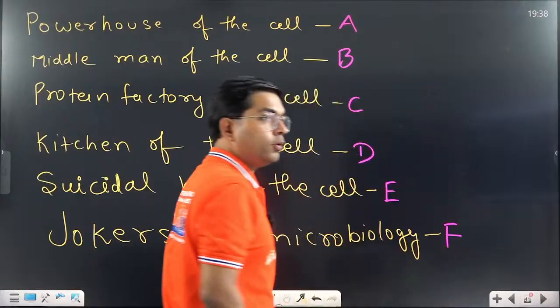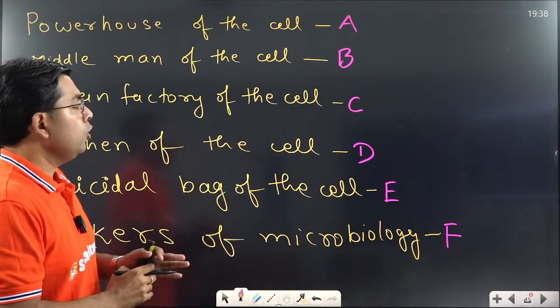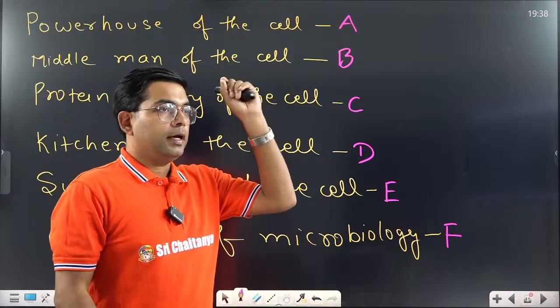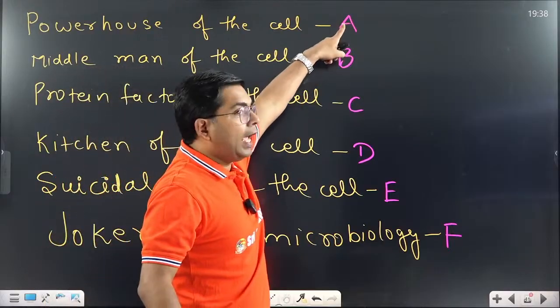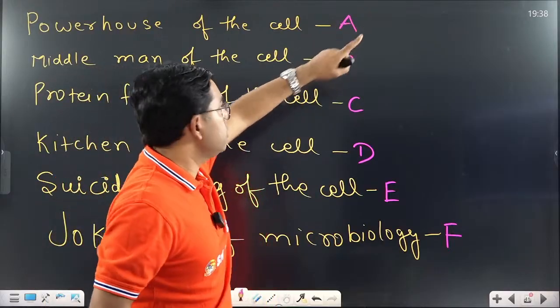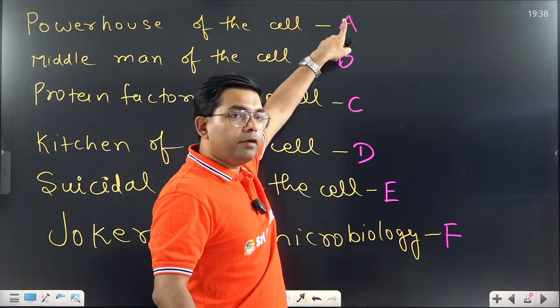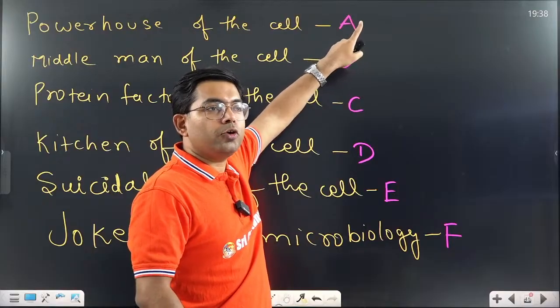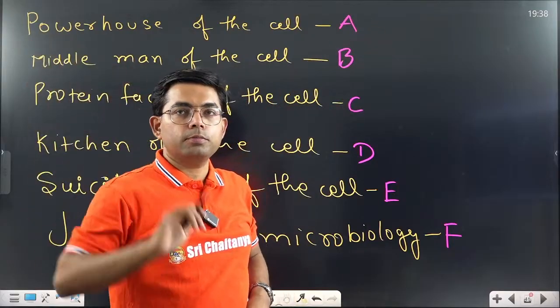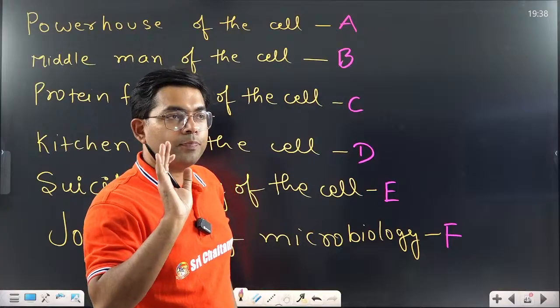Now how you have to answer here? You have to just write A. For example, let's say powerhouse of the cell. If it is, let's say lysosome, you have to write A lysosome. Then only I will understand. Right?